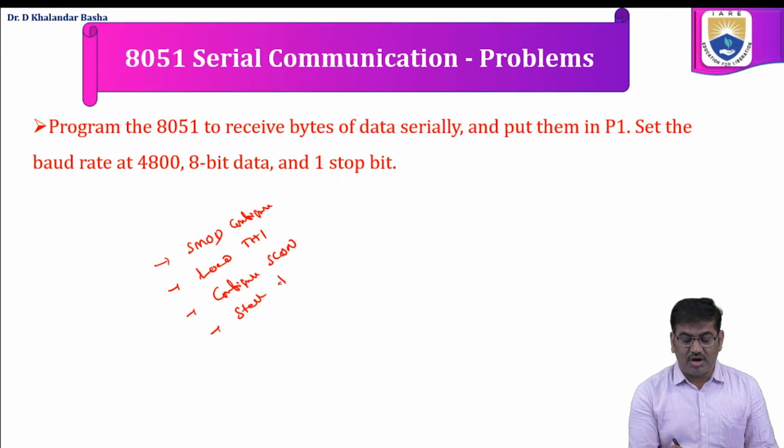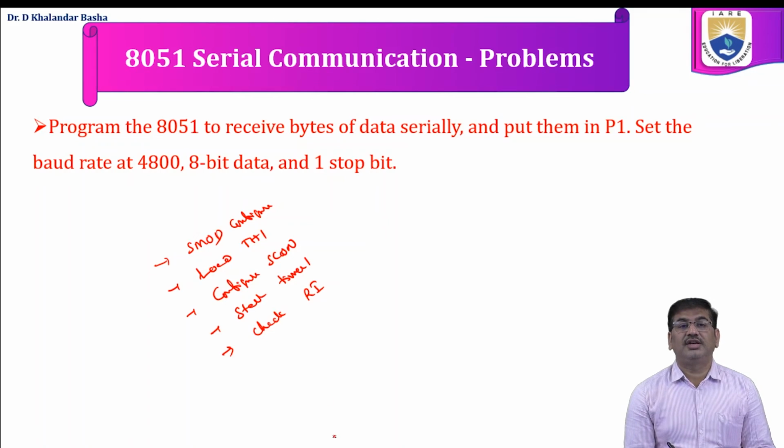After that, start timer 1. Once timer 1 is started, since this is receiving, we check the RI bit, that is the receive interrupt bit. Previously for transmission we checked TI, now we are going to check RI.